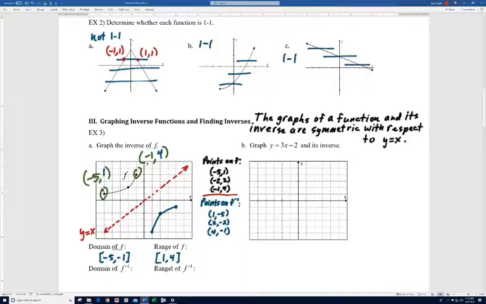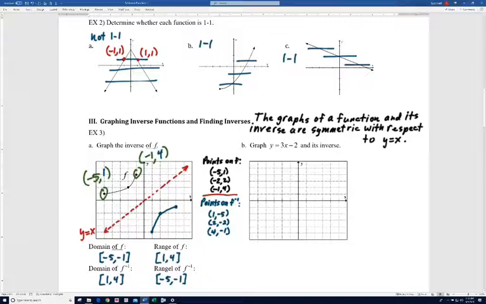All right, so if you find the domain, you'll see for the inverse, you get 1 to 4, and the range is -5 to -1. And really, as long as you did the domain and range correct for f, all we have to do is switch these out, just flip them, and we've got the domain and range for the inverse.